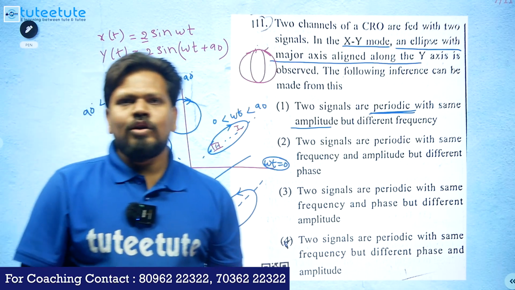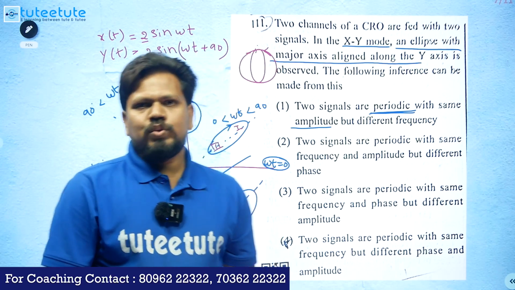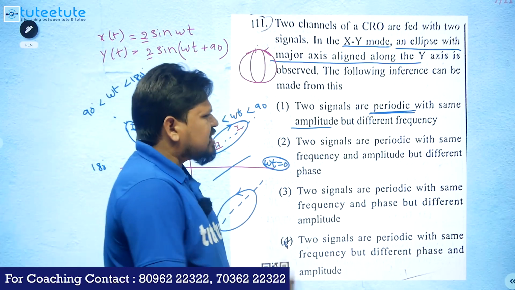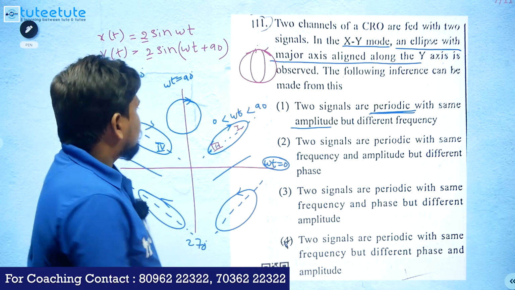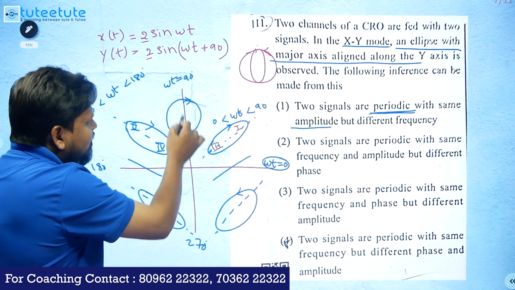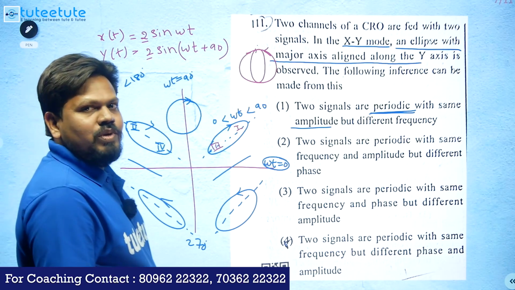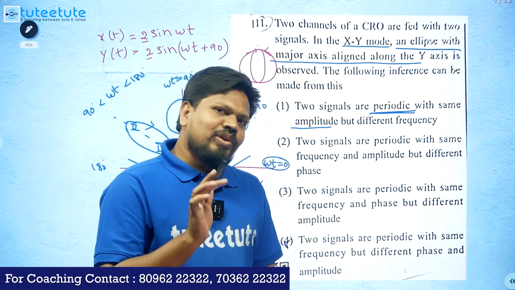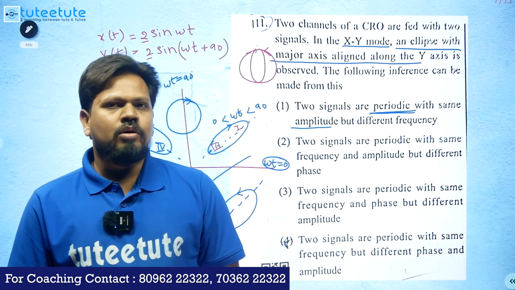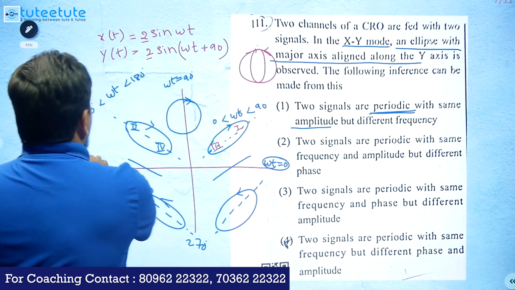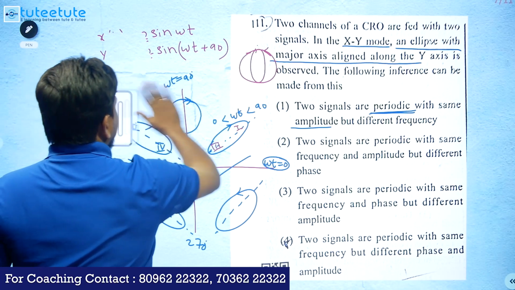No guessing, we need to try this. In the exam we answer directly. Because the y-axis is aligned, to get an ellipse the magnitudes must not be the same.